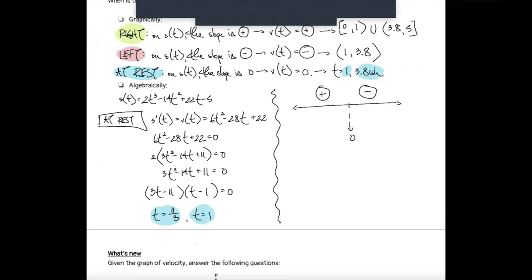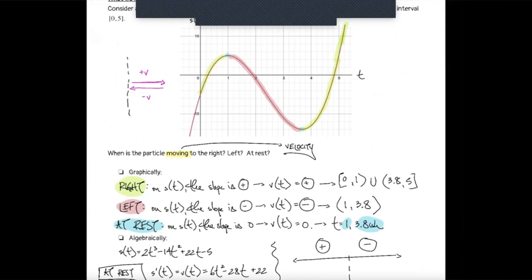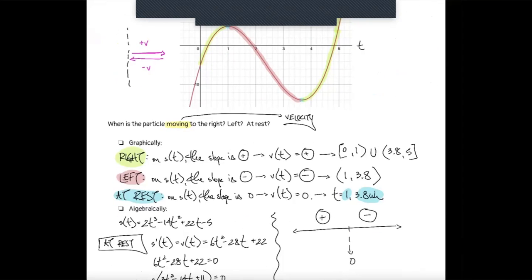Why should you get 0? Because this is the velocity function, and we said the velocity at 1 is 0. So it should make sense that when you plug in 1, you get a slope of 0. But let's see what else we found.